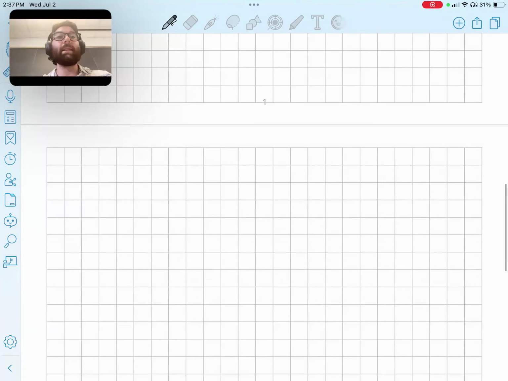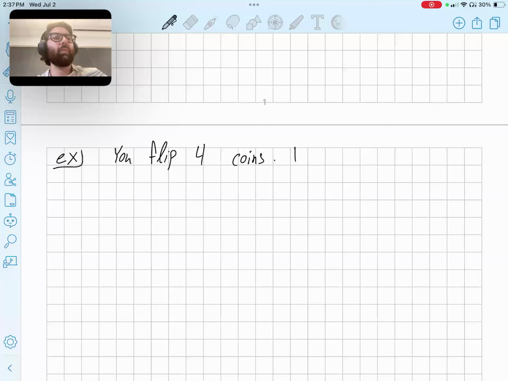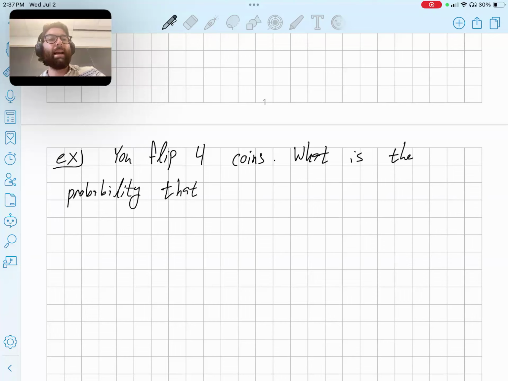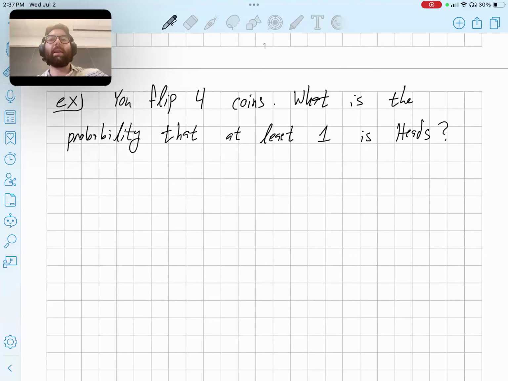Okay, and so we're going to use this idea and we're going to combine it with the complementary probability rule. So you flip 4 coins. What is the probability that at least 1 is heads? And so what does this at least 1 heads mean? It means you get 1 heads.